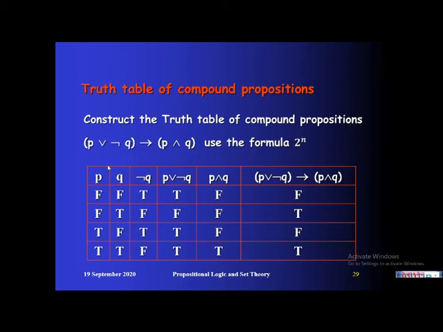Next Q, 4 divided by 2 is 2: 2 false, 2 true, 2 false, 2 true. And the last one, 2 divided by 2 is 1: 1 false, 1 true, false, true, like that. Then you have to evaluate based on the given logical propositions.